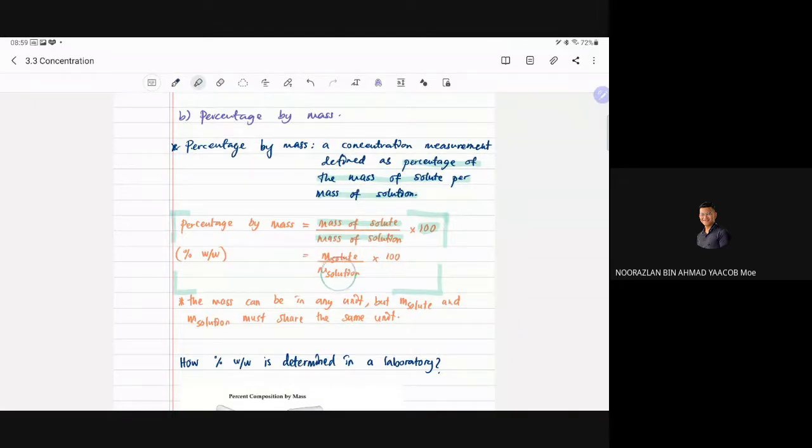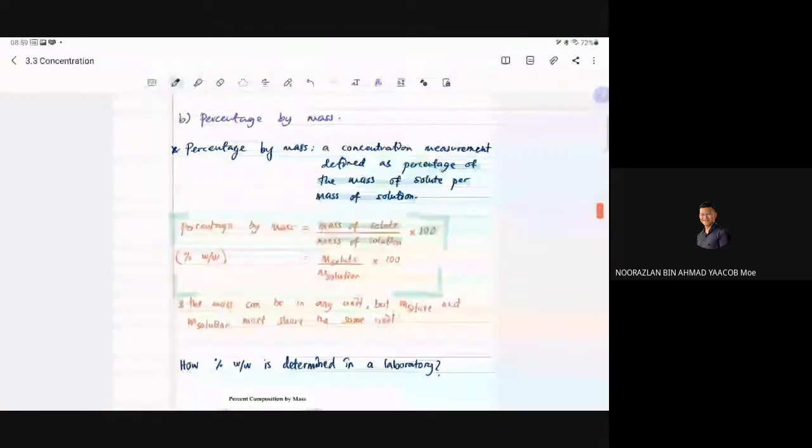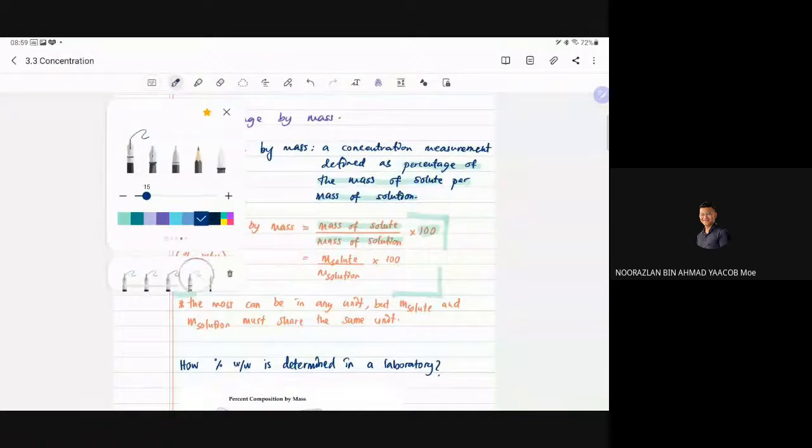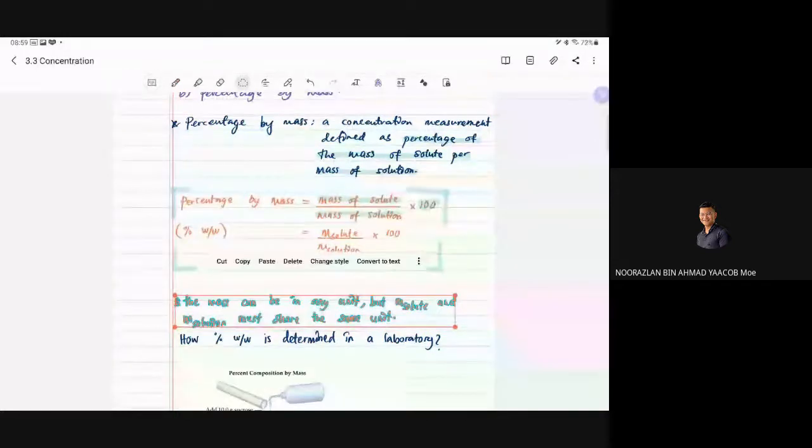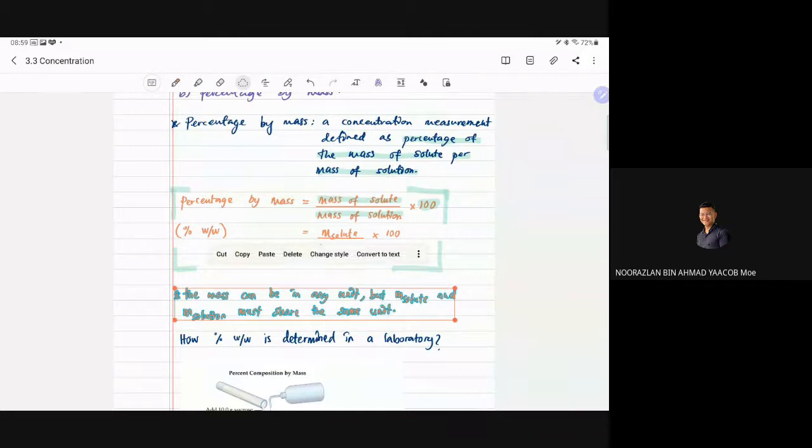Remember that this is a mass of solution. Manakala mass of solute tu pula, before that, okay.